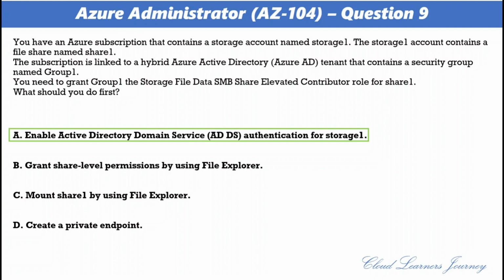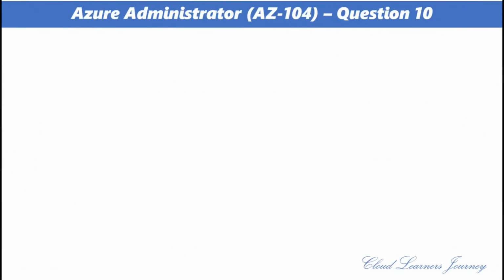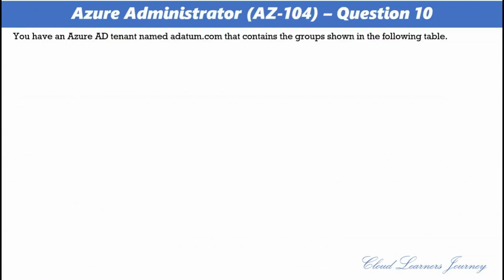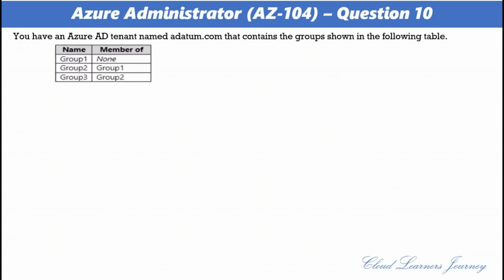Before you enable Azure AD over SMB for Azure file shares, make sure you have completed the two prerequisites. Number 1. Select or create an Azure AD tenant. 2. To support authentication with Azure AD credentials, you must enable Azure AD Domain Services for your Azure AD account. Next, question number 10. You have an Azure AD tenant named adatum.com that contains the groups shown in the following table.